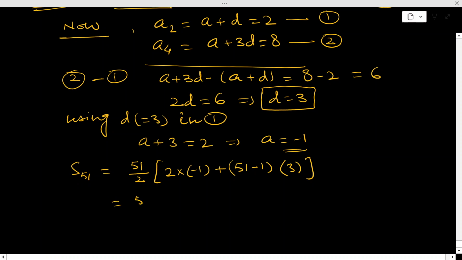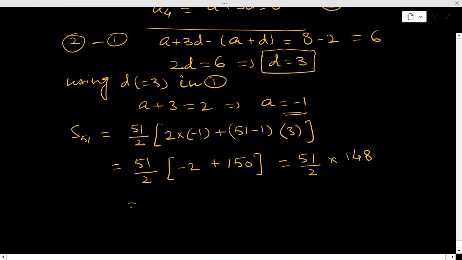Okay, so this is 3. Now this is 51 upon 2, and when you multiply 2 with minus 1, it is coming out as minus 2, plus 51 minus 1 is 50, and when you multiply this with 3, it is coming out as 150. Okay, so 150 and we are having this minus 2 here, so this will be 51 upon 2 into 148.